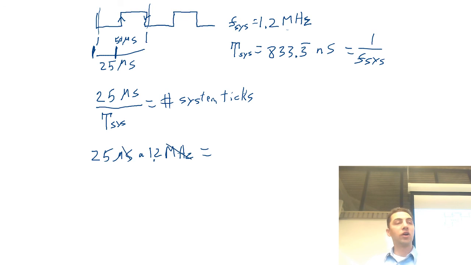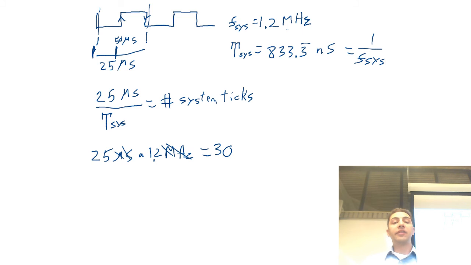Seconds cancel with hertz. Okay, and we're left with micro versus mega. Mega is 10 to the 6, micro, okay. So we're left with 25 times 1.2. And if I had cleared that, 1.2 times 25, 30 ticks.